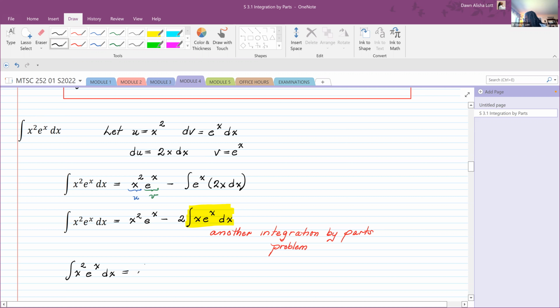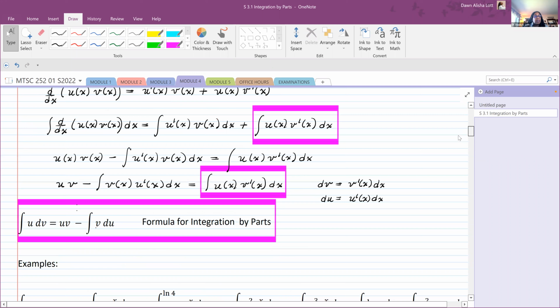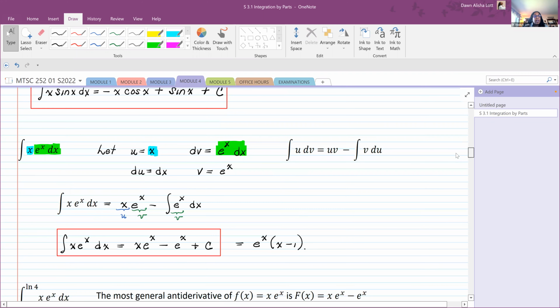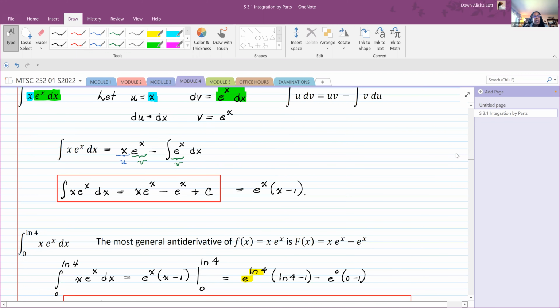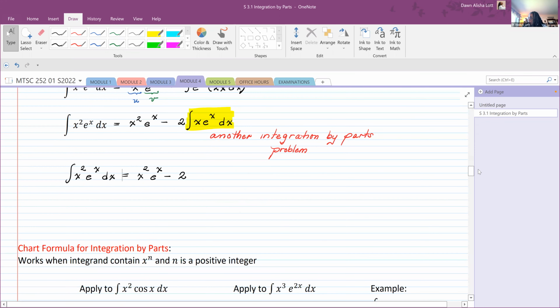is x squared e to the x minus 2. Now, I already did the integral of x e to the x. Let's see where it was. Here it is. It's x e to the x minus e to the x. And since we're done, we can put plus a constant.